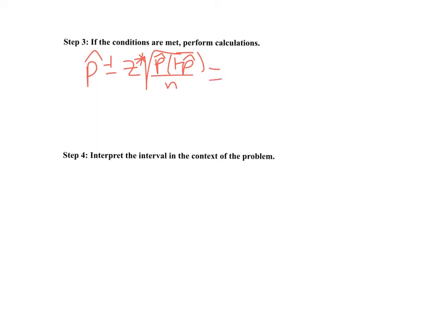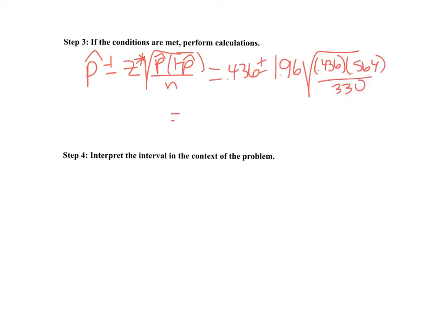So we are going to get approximately 0.436 plus or minus 0.0535. So just a reminder, this part right here is our margin of error. I just wrote it as ME, but that's margin of error. So this is approximately a 5% margin of error.